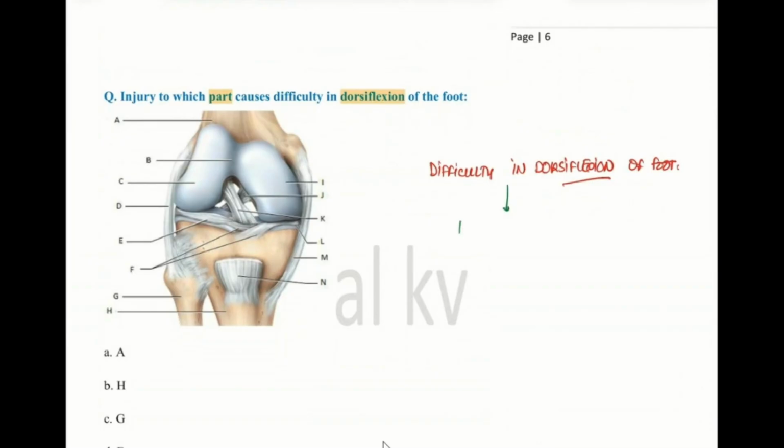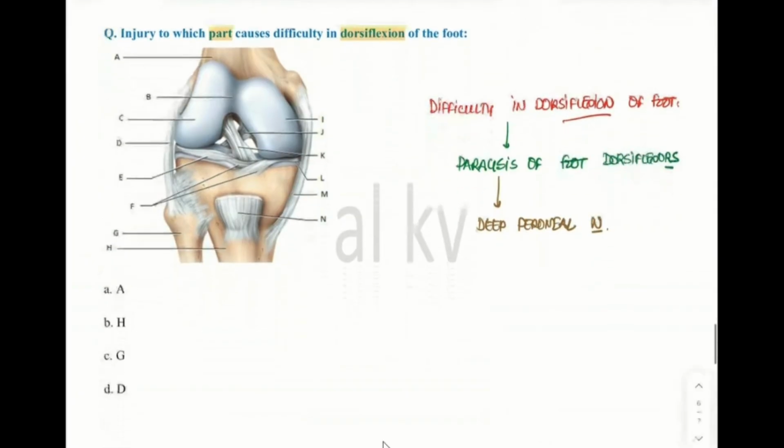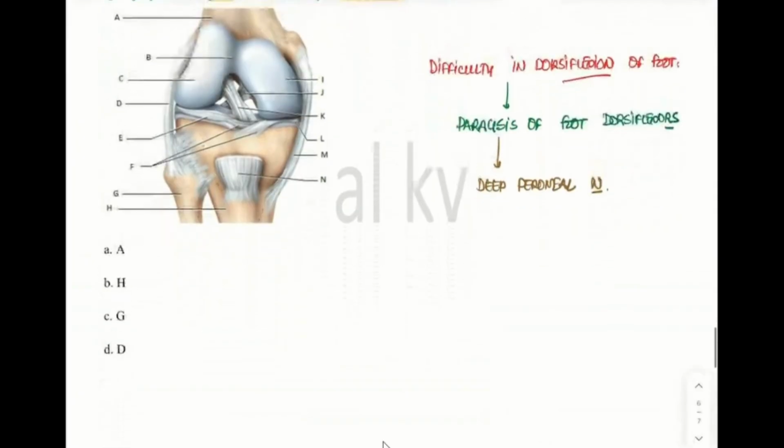So paralysis of foot dorsiflexors, especially the anterior compartment muscles of the leg, and these are supplied by the deep peroneal nerve. Now in clinical practice, isolated injury of the deep peroneal nerve is very rare. So in fact, its parent branch, that is the common peroneal nerve, is commonly injured. So mostly we see injury of the common peroneal nerve.